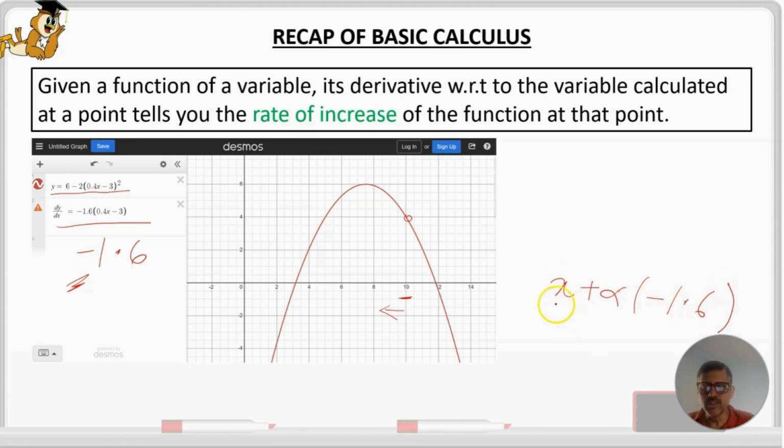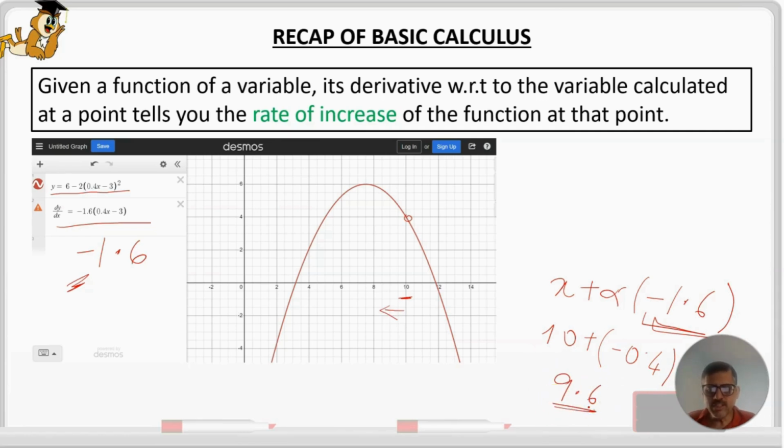Right? So this x is 10, and if to 10 you add a small positive multiple of the gradient, this is the gradient at x equal to 10, minus 1.6. And when I say a small multiple, let's say alpha is 0.25, 1/4. So this would be equal to minus 0.4, right? And you would move to the point 9.6, right?